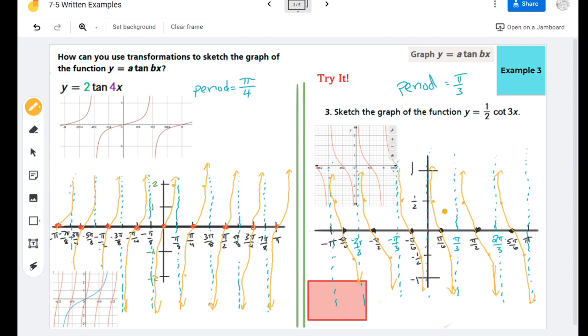It might help you to just draw one iteration. Like, you could just focus on this one between 0 and pi over 3, and then just copy it afterwards. I'm not sure. I don't know what is honestly better. So I'm just clearing kind of a spot.